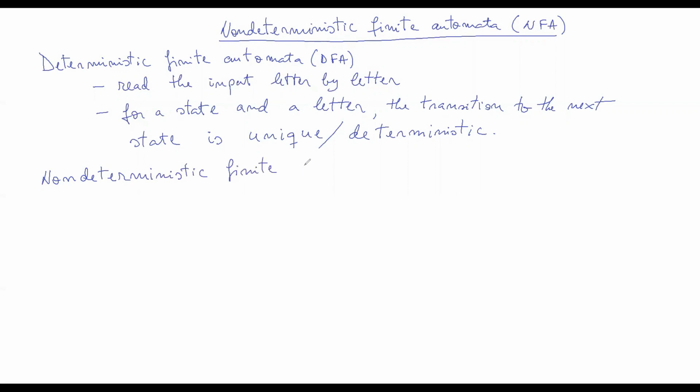Structurally they are not that different from the deterministic ones that you have seen in the previous lecture, but they will get rid of these two constraints, and they will have the ability of skipping the moving of the reading head.